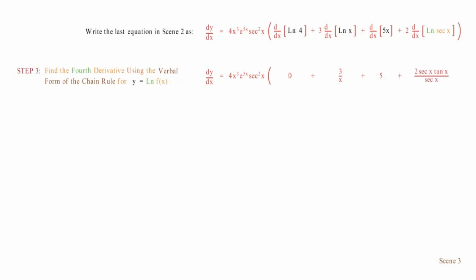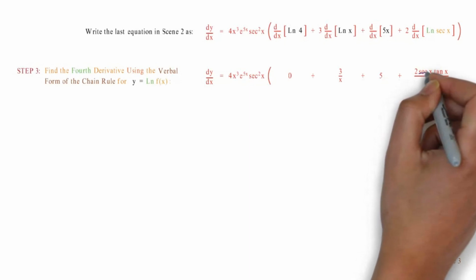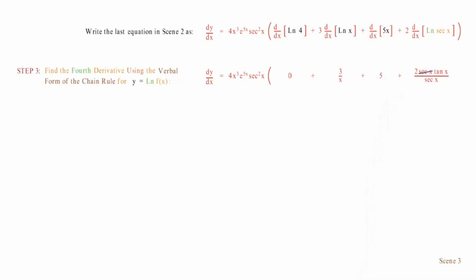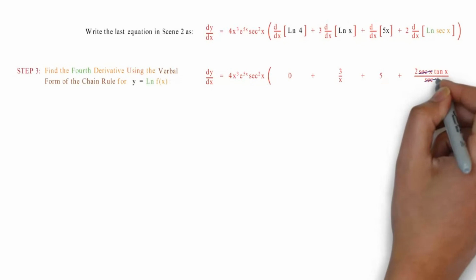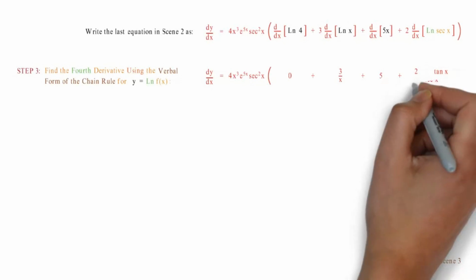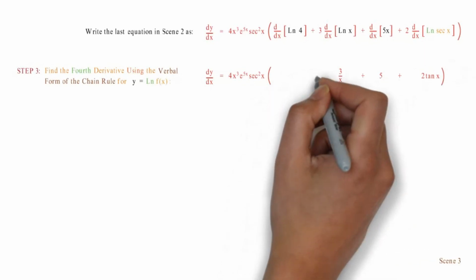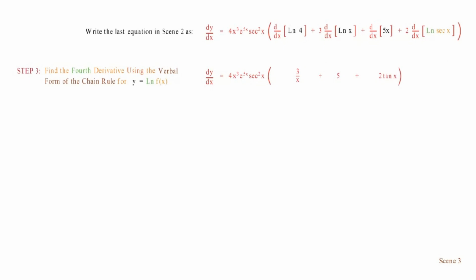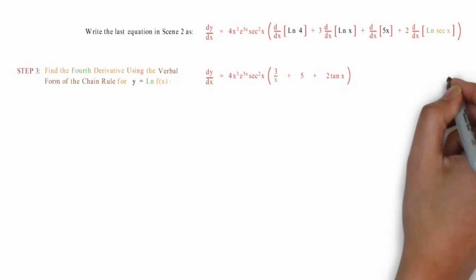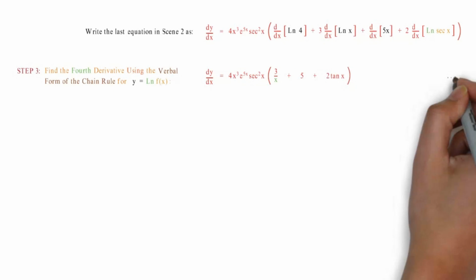Now cancel sec of x with sec of x. Call this equation equation 1.